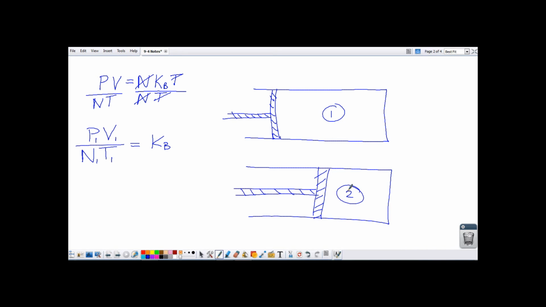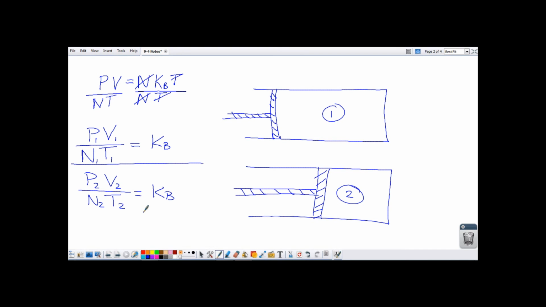Now in situation number two, we can solve this equation again for Boltzmann's constant, and we'll end up with pressure 2 times volume 2, divided by the number of molecules in situation 2 times temperature 2, is equal to Boltzmann's constant. Now if we look at these, they're both equal to Boltzmann's constant.